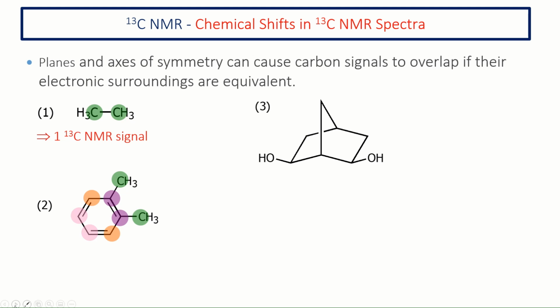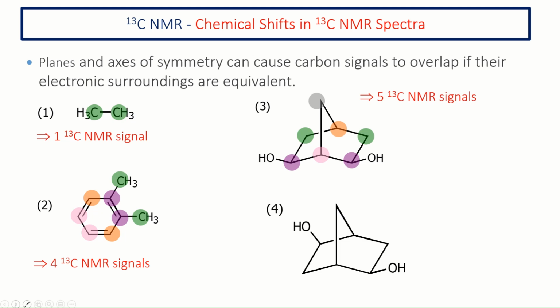So what we have now is 4 different signals. You can see here there's a plane of symmetry around here, and so you can have those being the same, those are the same, there's a different carbon here, and these are also quite different environments, and so we have here 5 signals. Why don't you guess on that one, and then we'll talk about these in class.